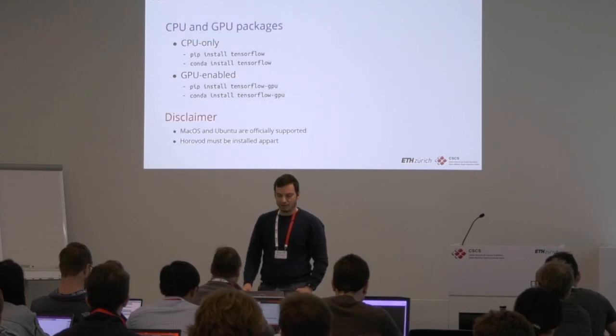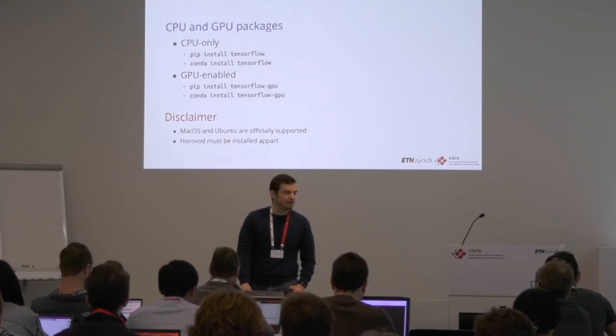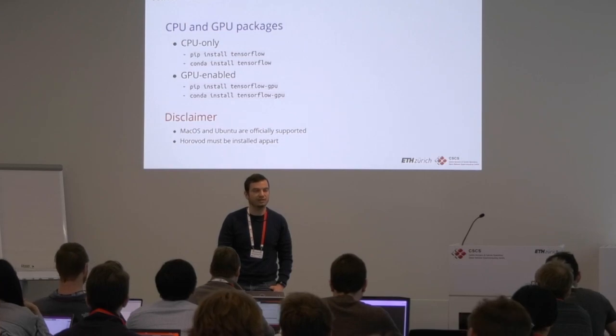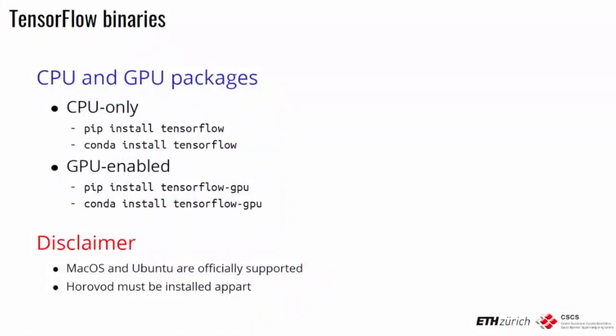So the most common way of obtaining TensorFlow is just to download the binaries. It's very easy to install, and recently they have moved to also support newer architectures, so it can also perform well. In the past it was not the case. You have the options of using either pip or Conda, whatever you like.